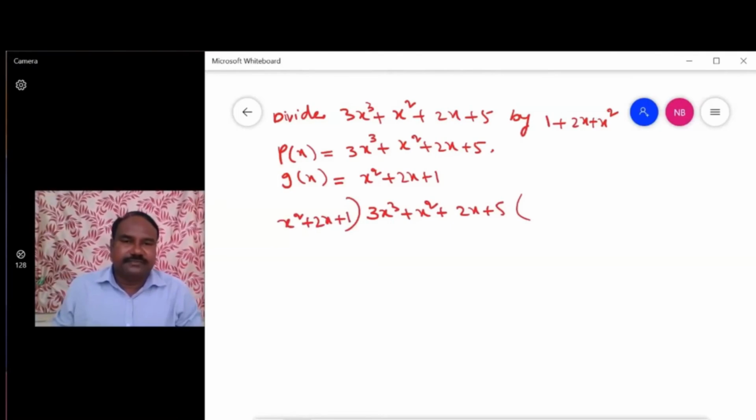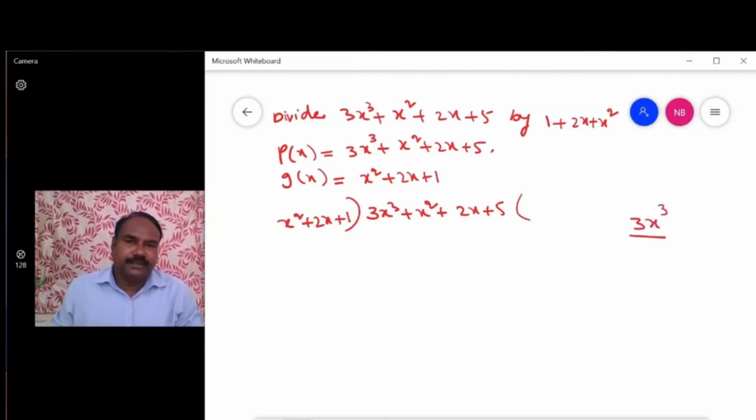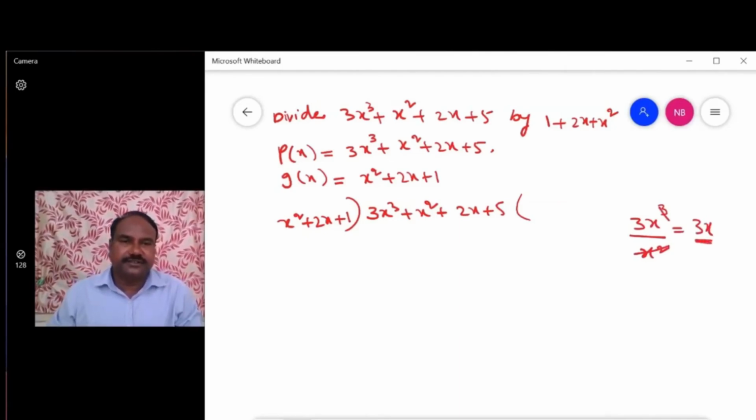First term by first term. Here in the dividend, the first term is 3x cube, and in the divisor, the first term is x square. This x square gets cancelled, left is 3x. This 3x is the first term of the quotient.